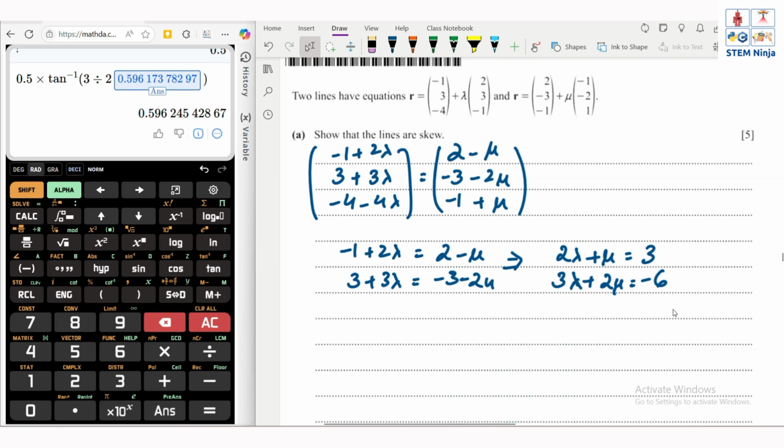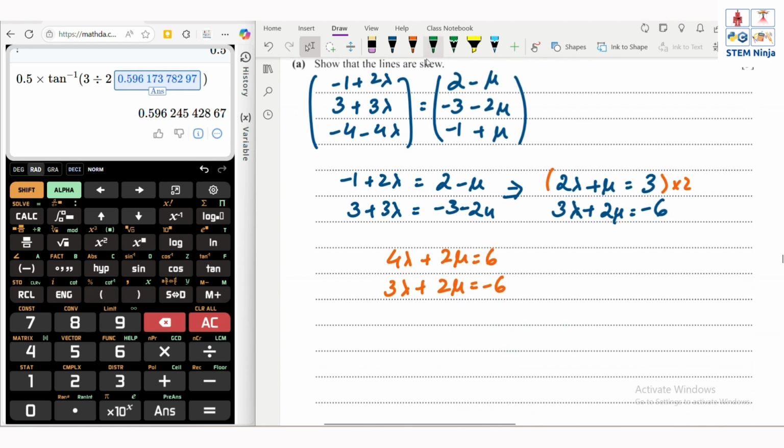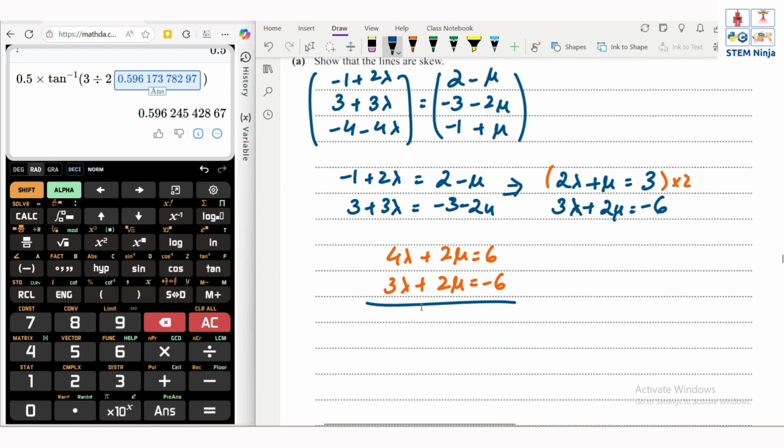All right, so to solve this, let's multiply this by 2. So we get 4 lambda plus 2 mu equals 6, and 3 lambda plus 2 mu equals minus 6. So we subtract these together, and this cancels out, so lambda is equal to 12.